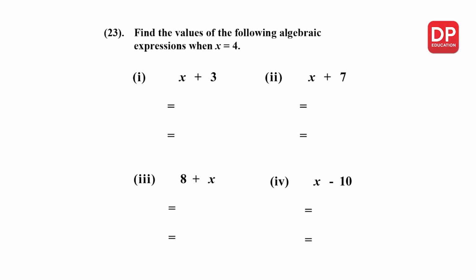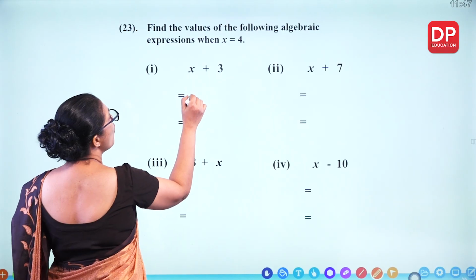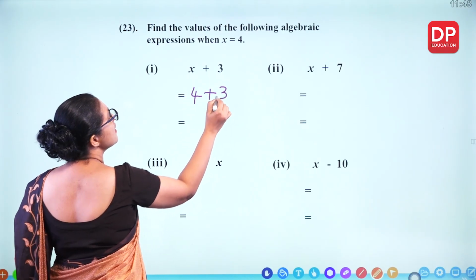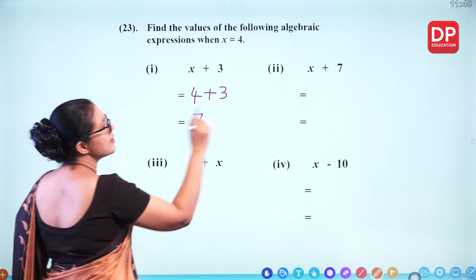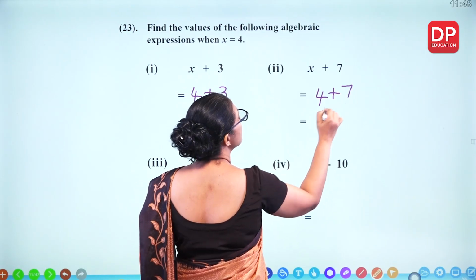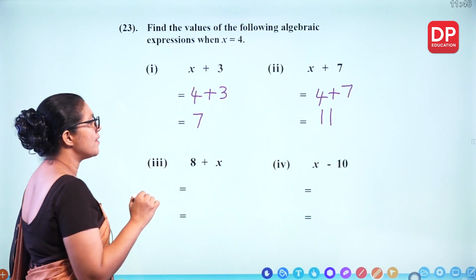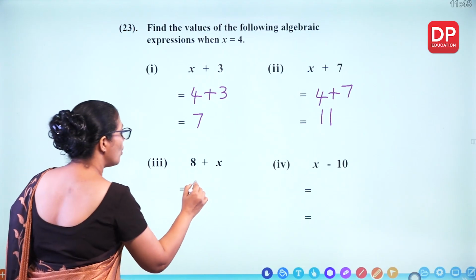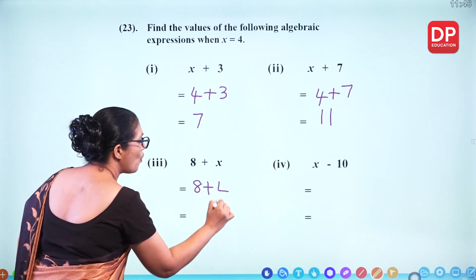Look at this one. Find the values of the following algebraic expressions when X equals 4. So substitute 4. 4 plus 3. That's 7. Now X is 4. 4 plus 7. You get 11. X is 4. 8 plus 4.